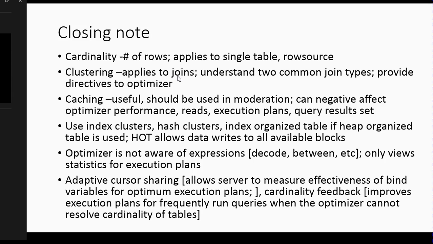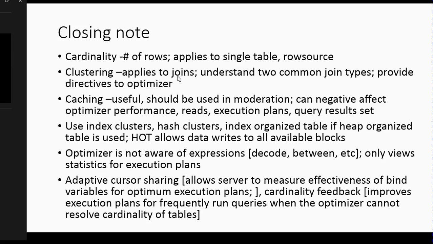These are some of the features that you have inside of Oracle software. The optimizer is a developing feature, and Oracle has lately been implementing different functionalities. You have adaptive cursor sharing, which basically allows the server to measure how effective the bind variables are for the execution plans.